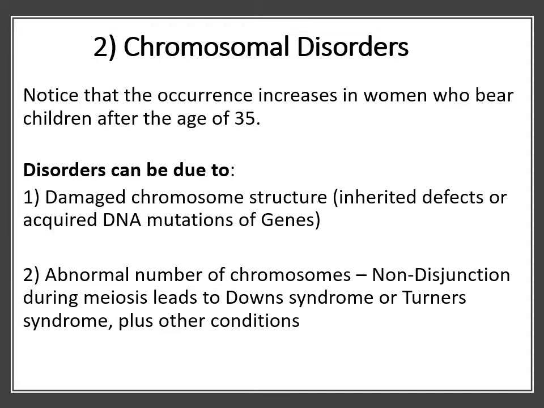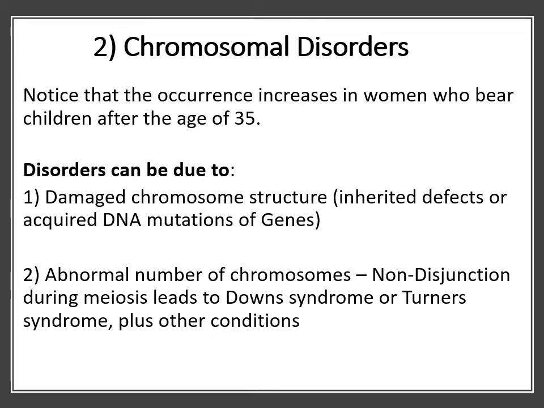So they've been exposed to all of that time. So over the age of 35, you can run into chromosomal disorders within the eggs. Okay, so what can these disorders be due to?